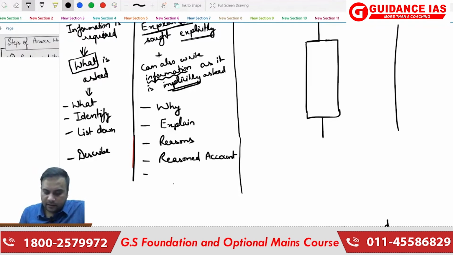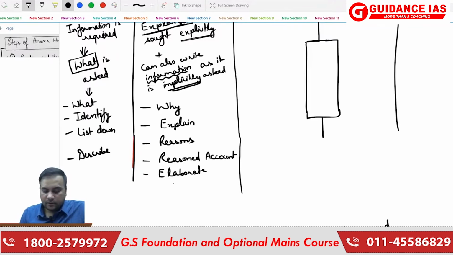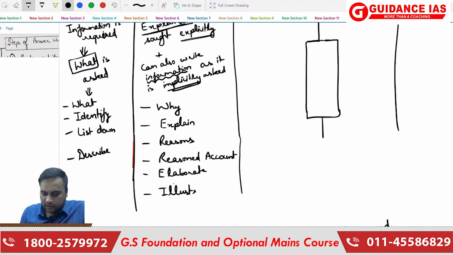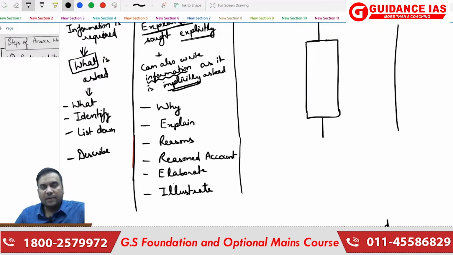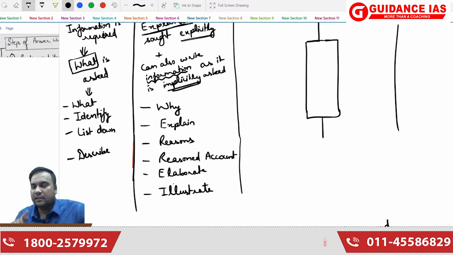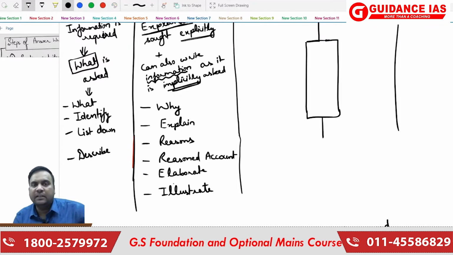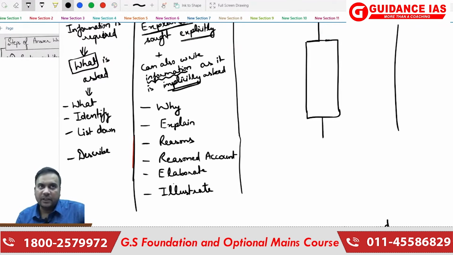Others like elaborate, illustrate. Okay, all these types of keywords fall in this category, where the main aspect which you have to write is you have to explain the primary keyword. Explanation of the primary keyword is sought.